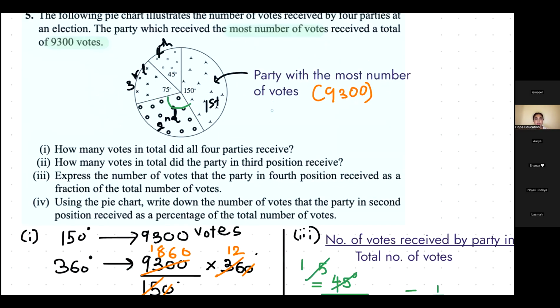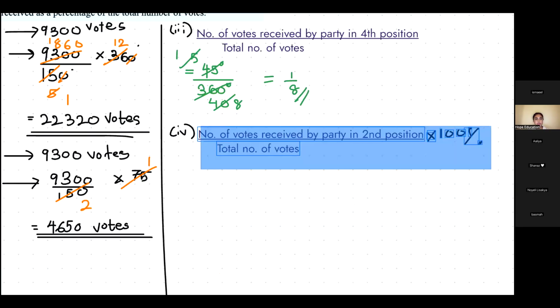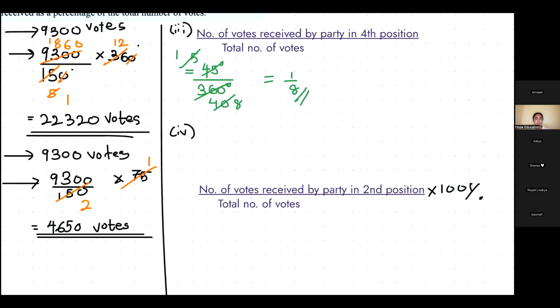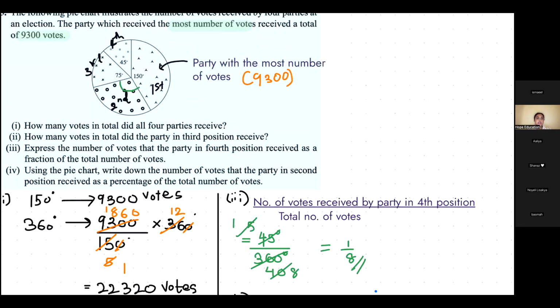I'll do it a little lower because we have to write the angle also first of all. So the angle representing the party in second position is 360 degrees subtract 150, 75, 45.